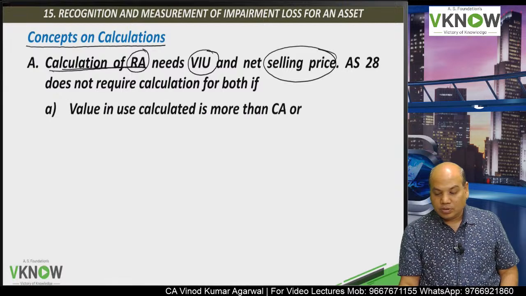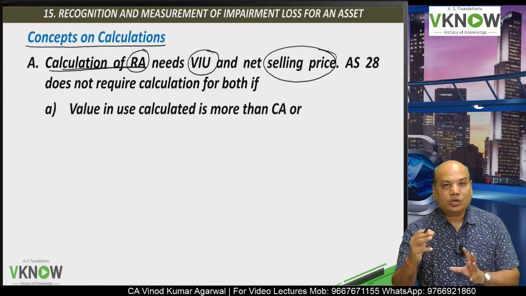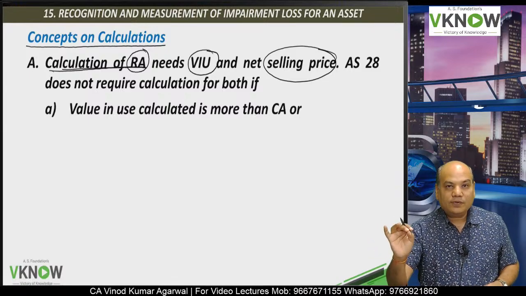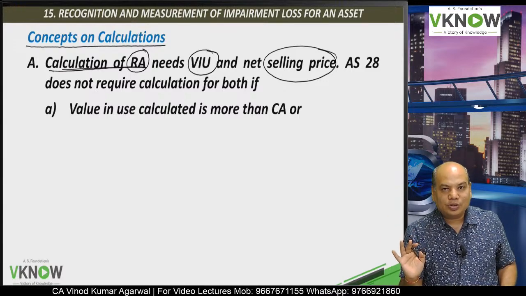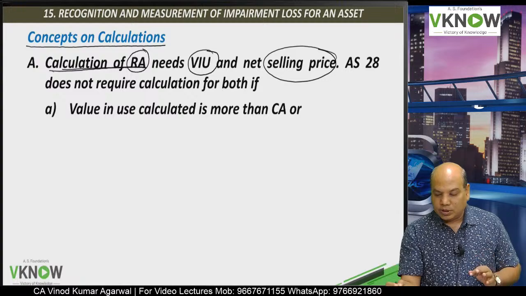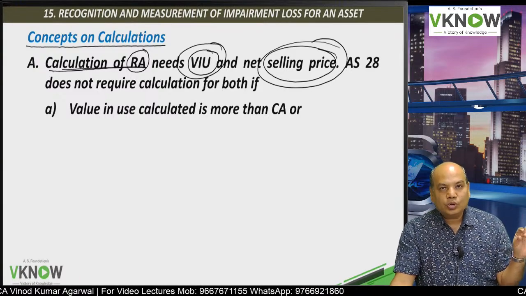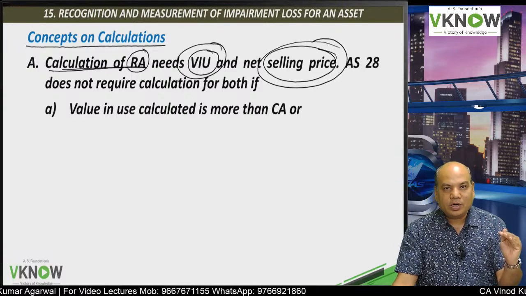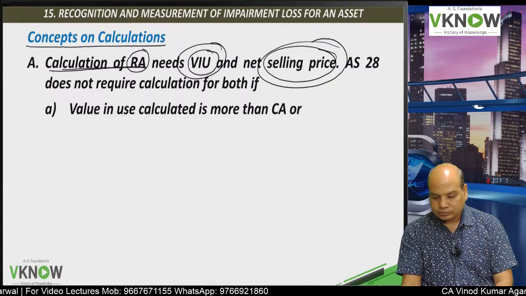Now remember, if value in use is more than carrying amount, don't calculate net selling price. Or if net selling price is more than carrying amount, don't calculate value in use. If one of the two numbers is already higher than carrying amount, no need to calculate the other, because in that case your recoverable amount is more than carrying amount and the asset is not impaired.